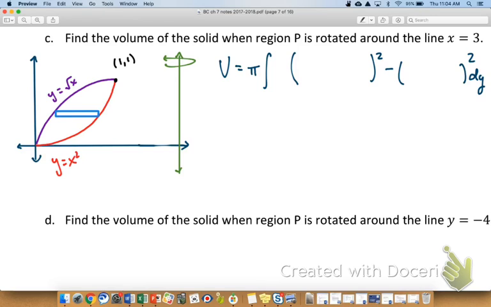Okay, so then I think to kind of jump into that, I'm going to go ahead and do my limits. So as I accumulate these washers, am I going to accumulate in a bottom to top pattern or a left to right pattern?